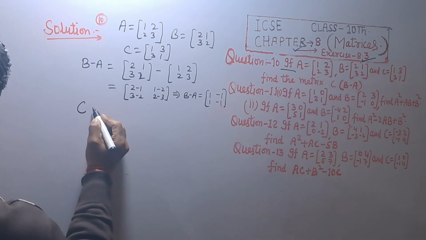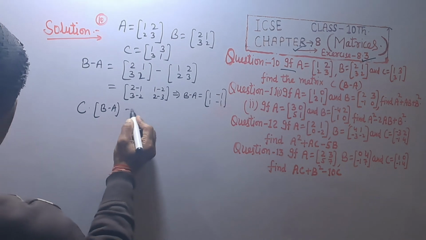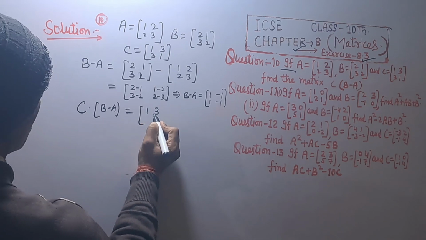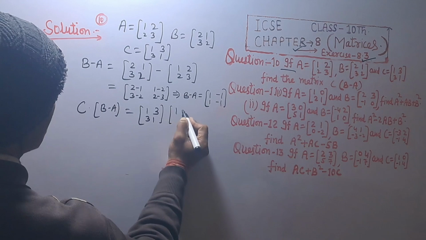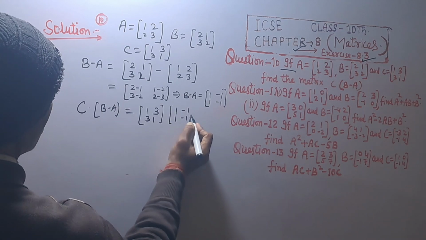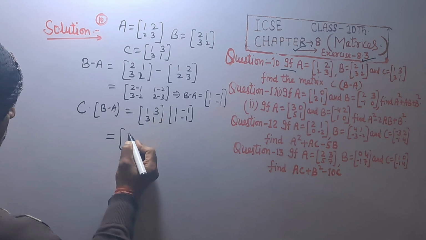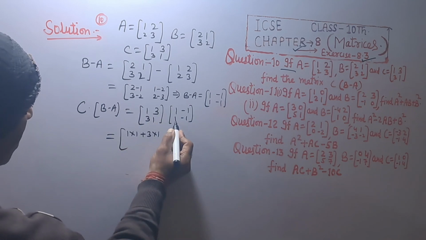And C into B minus A. C is [1, 3; 3, 1], B minus A is [1, -1; 1, -1]. Then their product is equal to 1 multiplied by 1 plus 3 multiplied by 1.